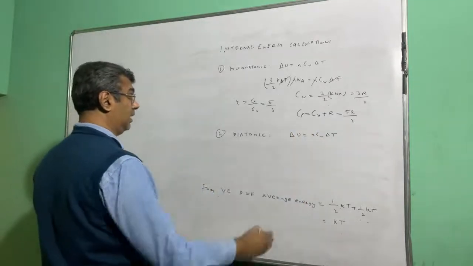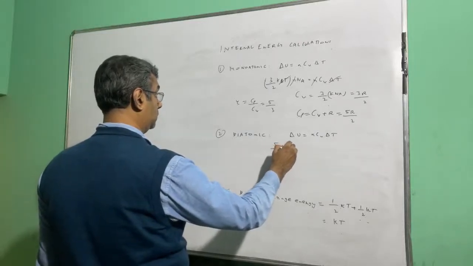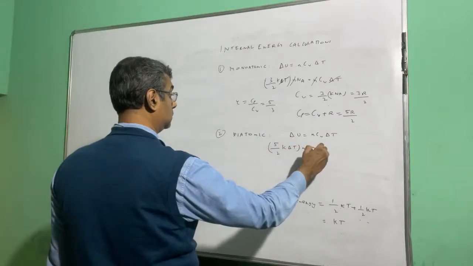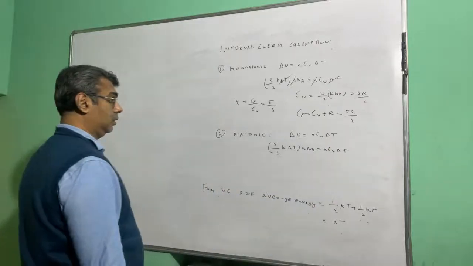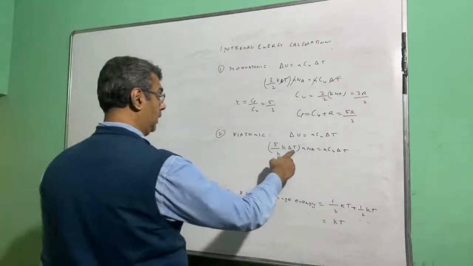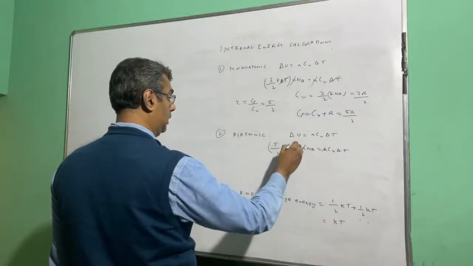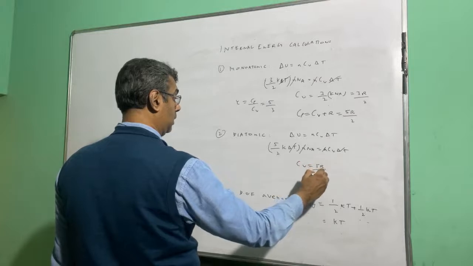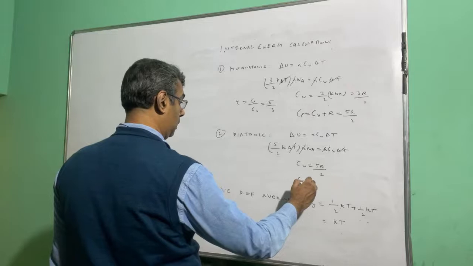So n Cv delta T. So delta U is 5 by 2 k delta T into n into Avogadro is n into Cv into delta T. So cancel the n, cancel the delta T. So Cv will be 5R by 2.